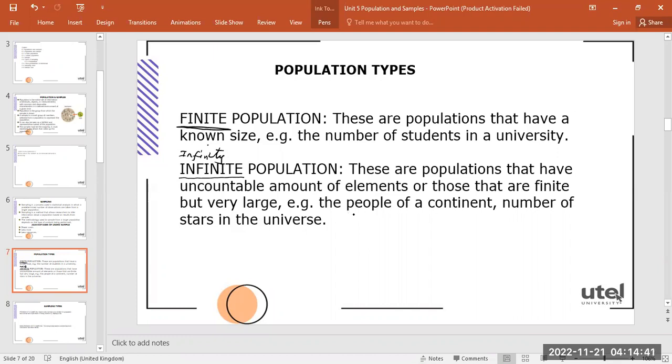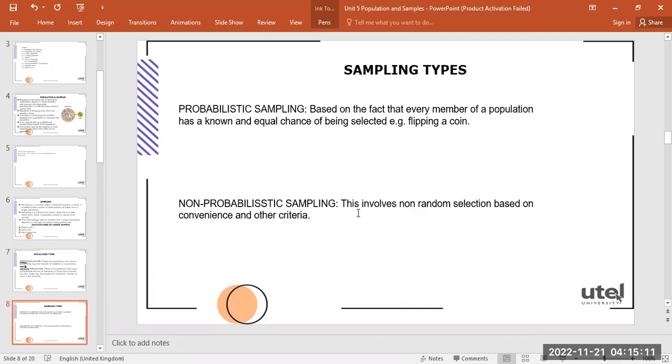It would virtually be impossible to count exactly the number of stars, and even astronomers simply make an intelligent guess in such cases. Another example is the number of grains of sand on the seashore. That is virtually impossible to calculate or to count. So these are the two broad categories in which populations are classified or grouped.